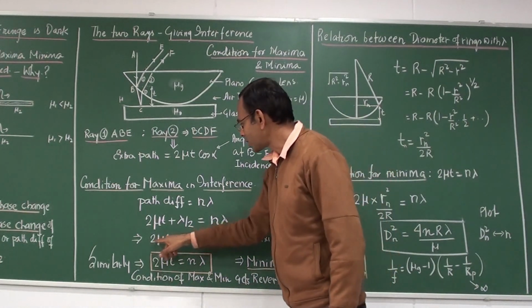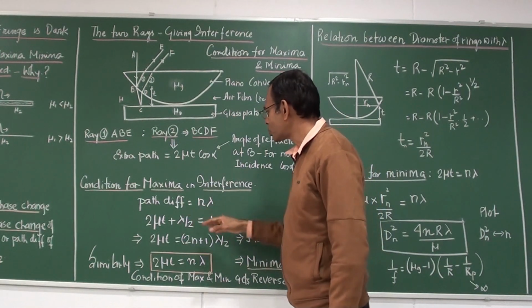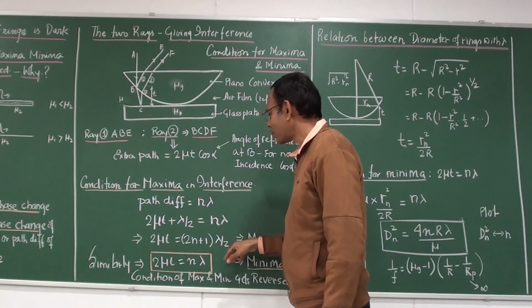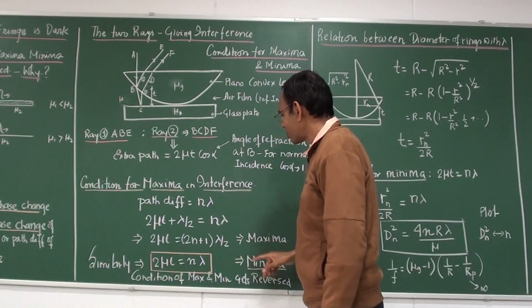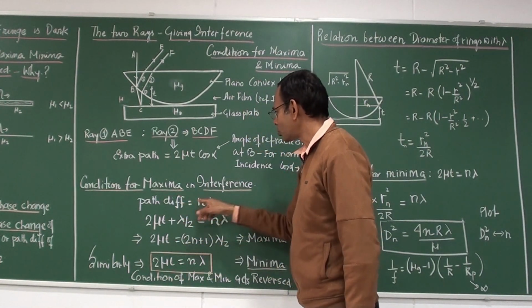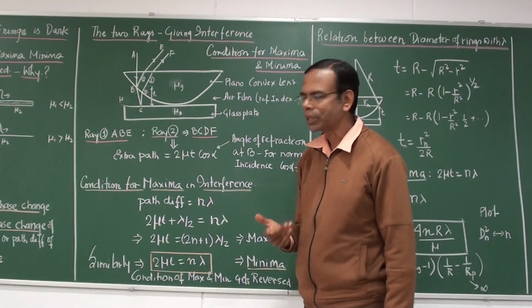So as you see, the condition of maxima gets reversed. Earlier it was 2 mu t equal to n lambda, but now it is (2n plus 1) lambda by 2. Similarly, if you do it for the minima, it becomes 2 mu t is equal to n lambda. That becomes the condition of minima.